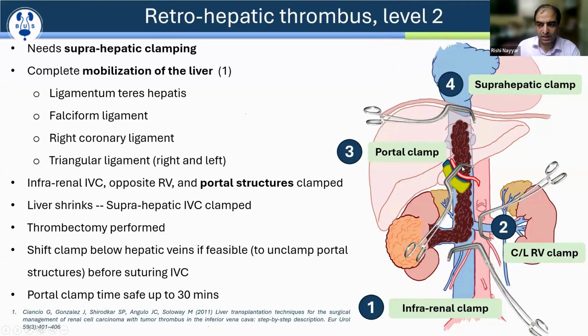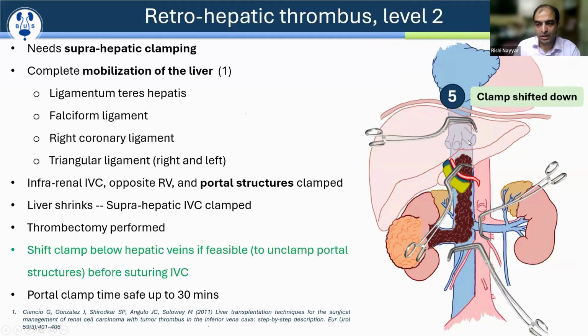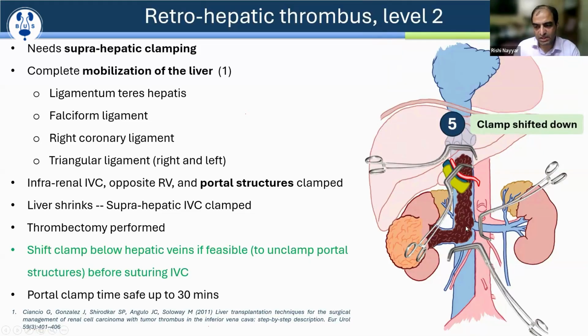So once this is done, you make a cavotomy. Once the thrombus has been retracted to some extent, you can reapply this clamp, because you have already mobilized this IVC also. So the clamp can be applied here, and then the upper clamp can be removed. What happens now is you can remove the porta hepatis clamp. For the liver, we can keep it clamped safely, easily for 15 to 20 minutes, but even up to 30 minutes is okay.